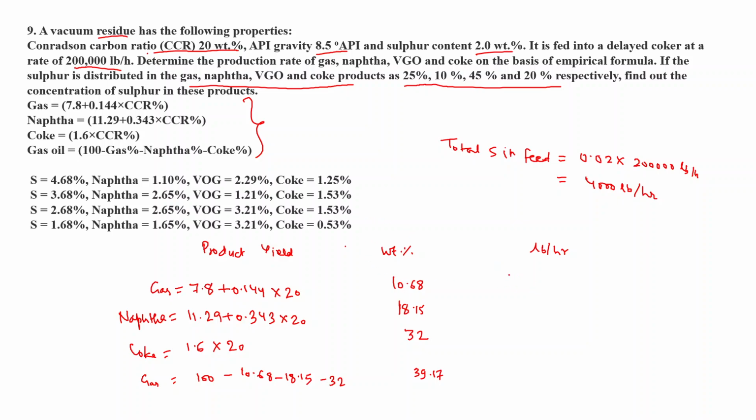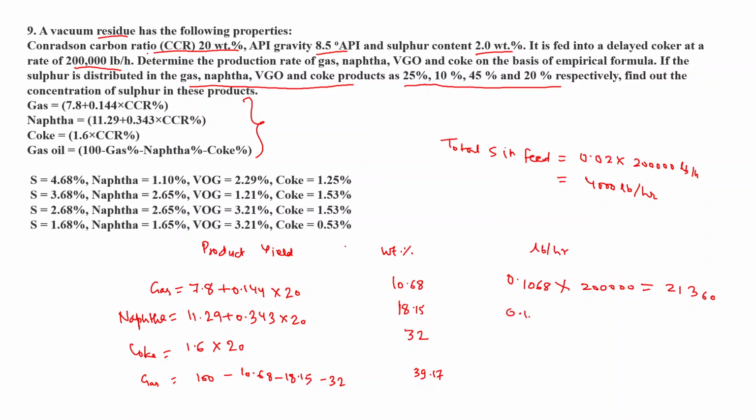This will be calculated by doing 0.10, the amount of gas in feed. So it will be giving us 21360 pounds per hour.